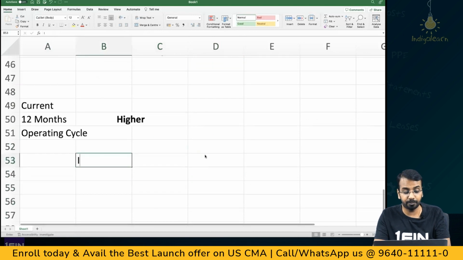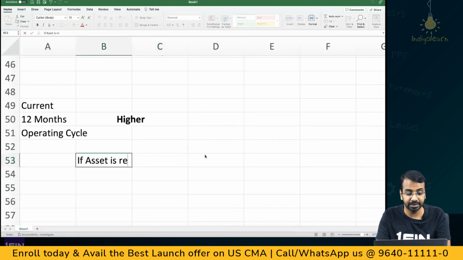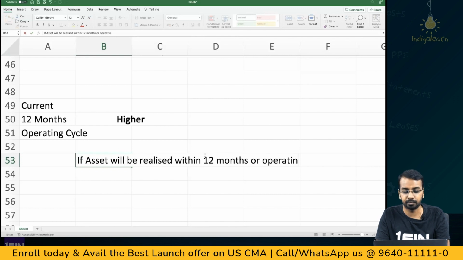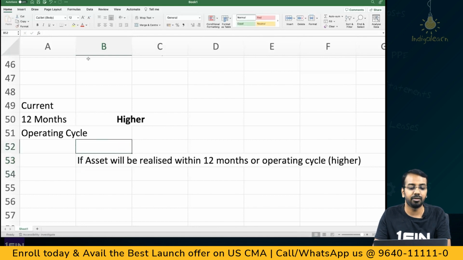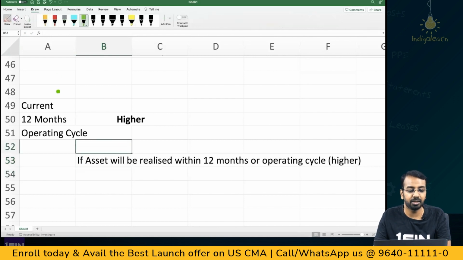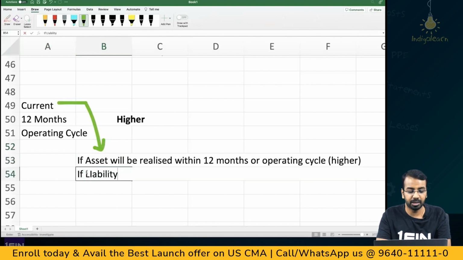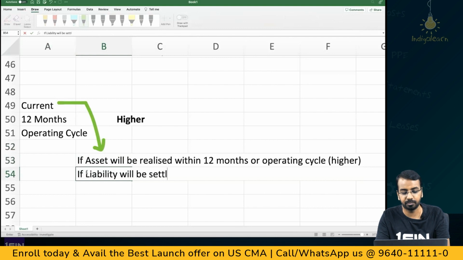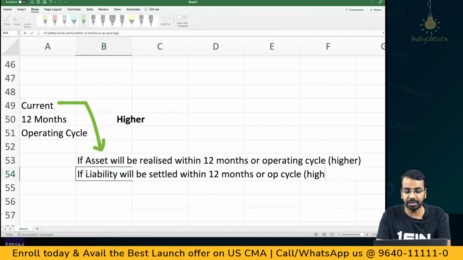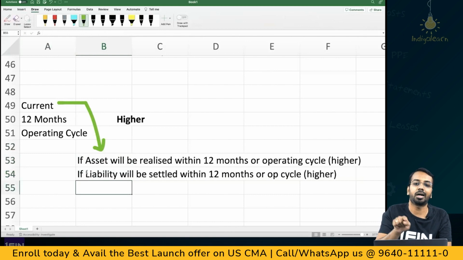So if an asset is or will be realized within 12 months or operating cycle, whichever is higher, then we say it is a current asset. If a liability will be settled within 12 months or operating cycle, whichever is higher, then it is called a current liability.